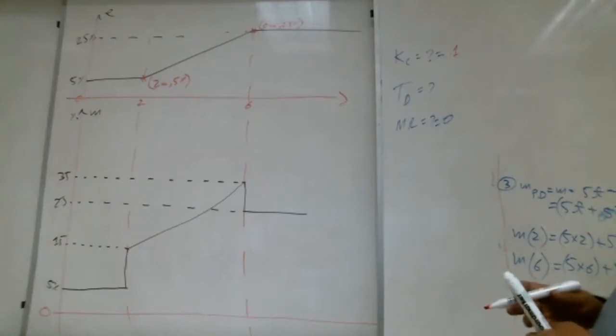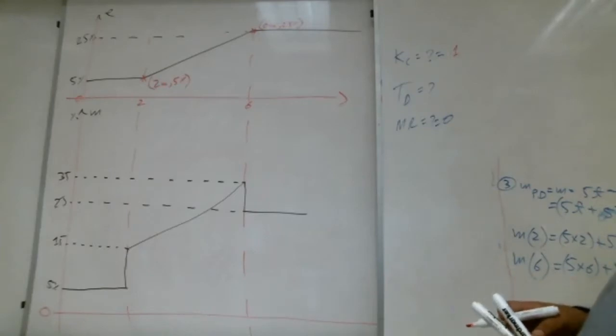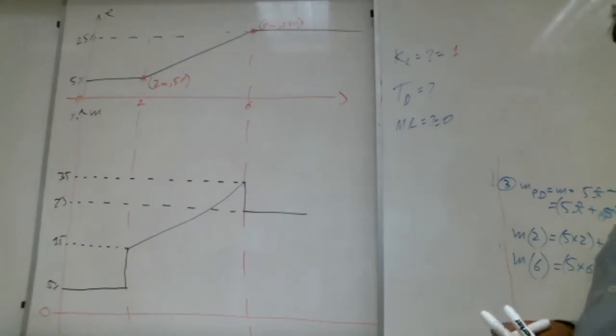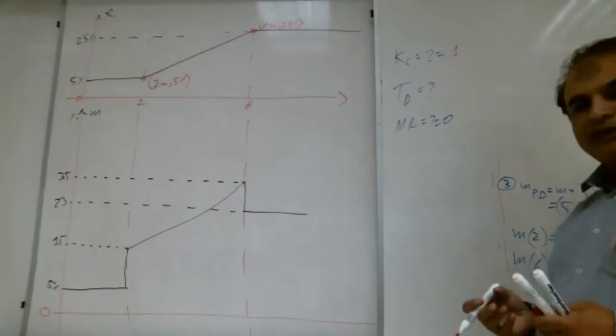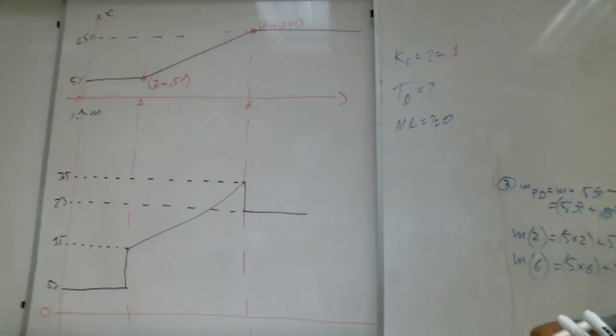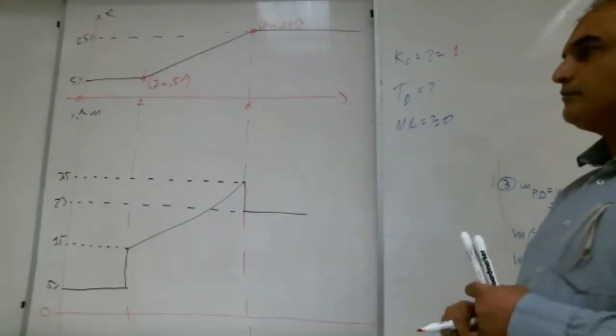Okay, now what is left now? TD. TD is left. So how are we going to find the TD, Shabab? The TD is 2, but how do we find it? From this given thing, how do we find it?